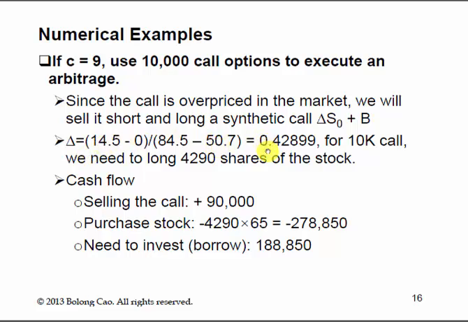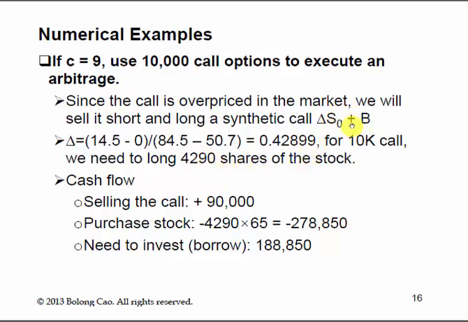And delta is 0.42899. If we have 10,000 underlying shares, that means we need to take a long position of 4,290 shares, rounded. That's the long part.